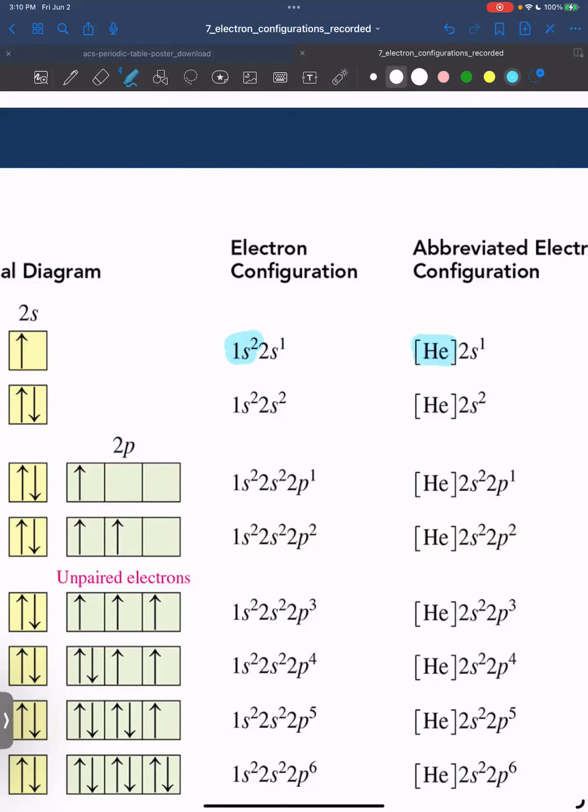And so to write the abbreviation, we could just do brackets helium, and then what's left over, 2s1. And that will help translate. If we use the abbreviated method, that will help our audience to understand that it also has electrons that look just like the electron configuration of helium for this noble gas.